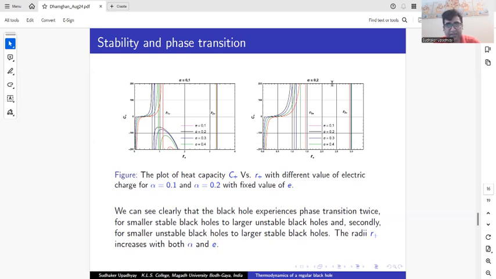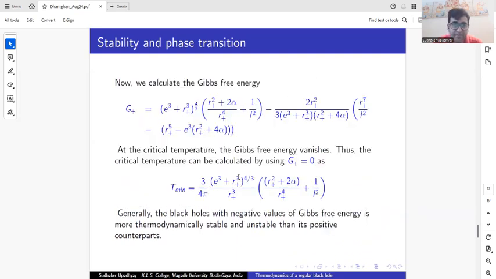If you increase the parameter alpha, the horizon radius increases, and also as the charge increases, from red to green, your horizon radius increases. Further, if you calculate the Gibbs energy, you will find this expression, and we find that at the critical temperature this expression vanishes.